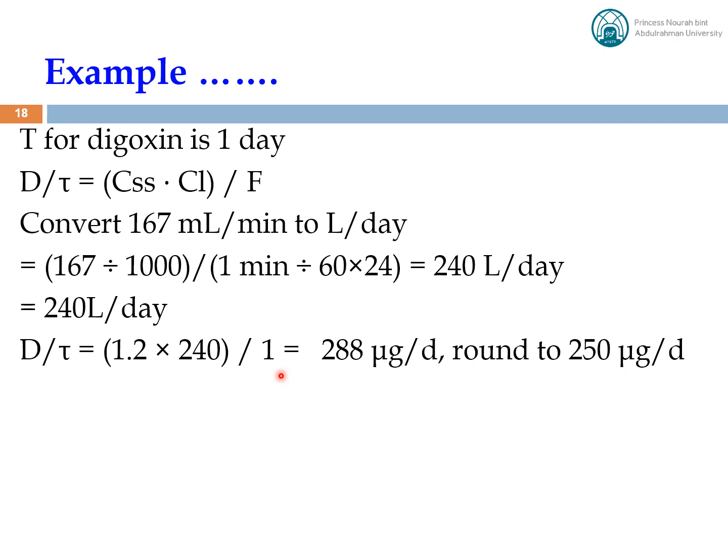Remember that it is an intravenous dose, so F will be 100% bioavailability. This will equal 288 micrograms per day, which could be rounded to 250 micrograms per day, the maintenance dose.